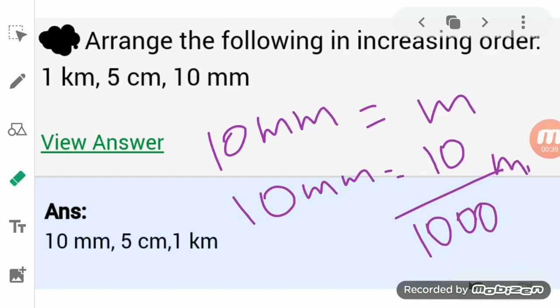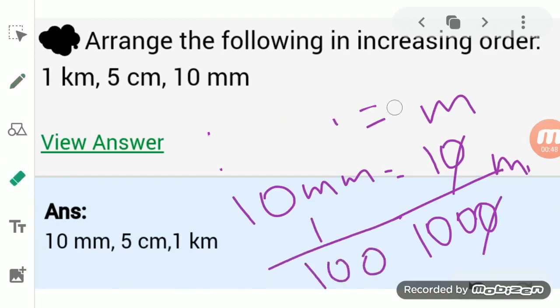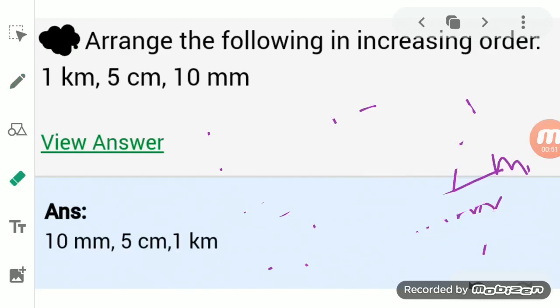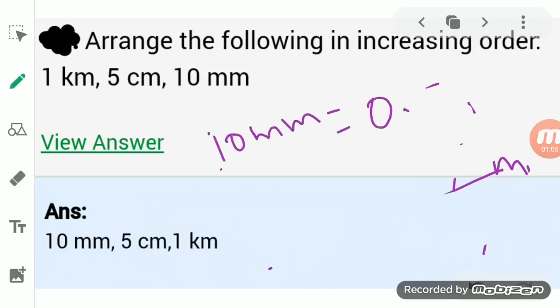Okay, so it will be this, and this 0 will cut and we will get 1 by 100, or we can simplify and write it here, that is, 10 millimeter is equal to 0.01 meter. Okay, so 10 millimeter is equal to 0.01 meter.